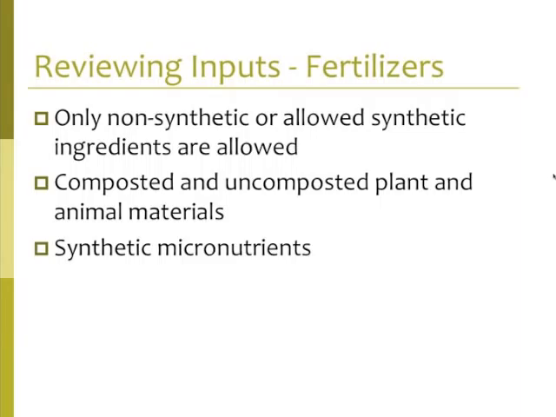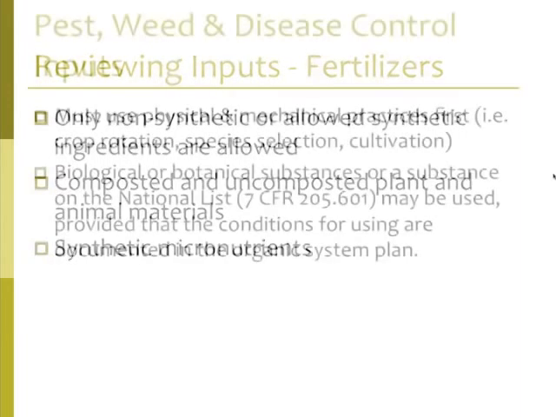They don't need to see that usually for every batch, but just to see those records, to see your process and to verify your process. Another example of a restriction on fertilizers is if you're using synthetic micronutrients, your plan should include a copy of the soil or tissue tests that document a deficiency for each synthetic micronutrient you use or that you want to use in organic production.